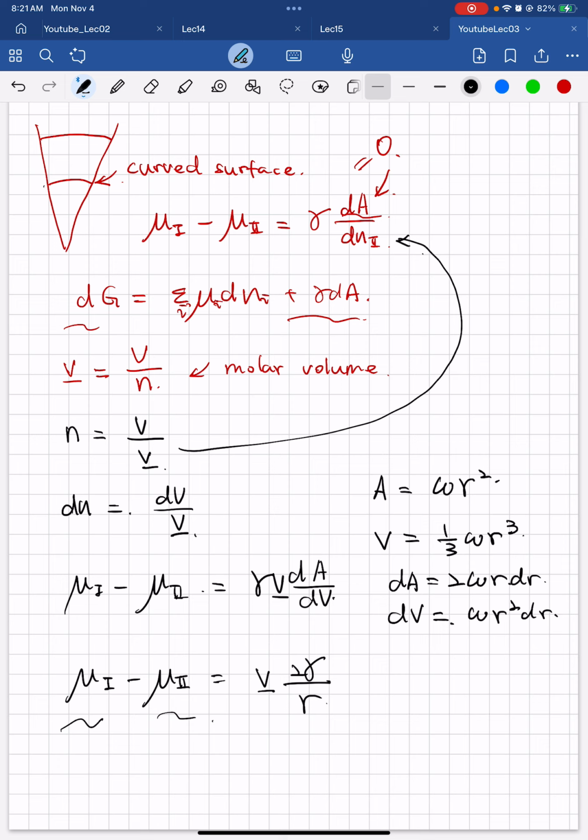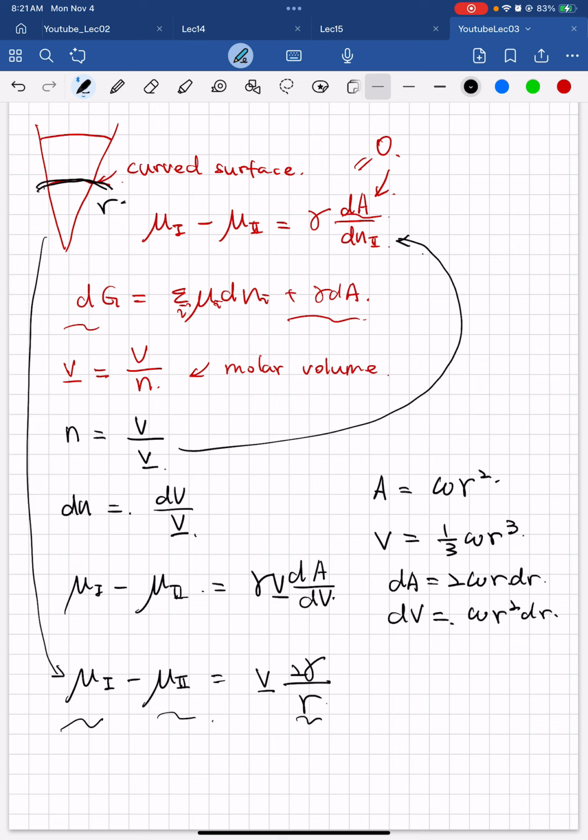So whenever they have a curved surface, a surface with curvature, radius of curvature r, then at equilibrium you can get this kind of formula.